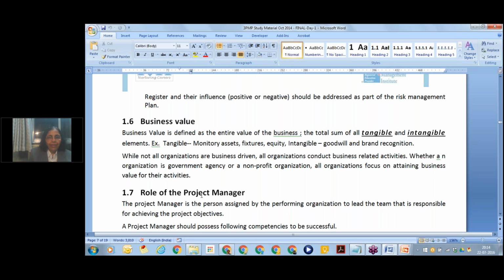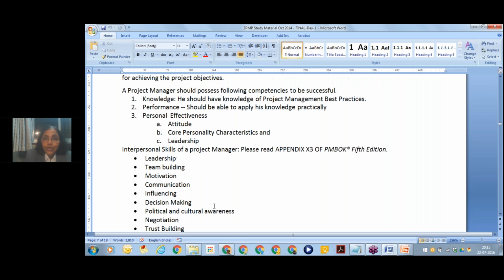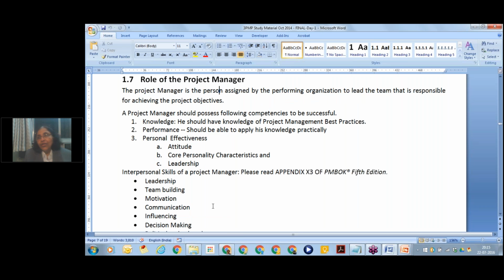Again, though you need to understand this, don't think of this from a questions perspective, but 1.7 is the only area which you will get a lot of questions on, and I'm not going to do that now. I'm just going to read that quickly because we will be doing them again and again. We will be doing them first in human resource management, then we will be touching on them in communication management and stakeholder management. Do you remember what it is? I told you yesterday about it.